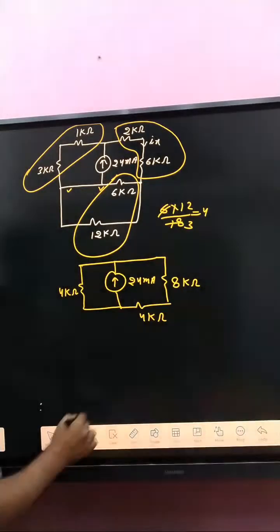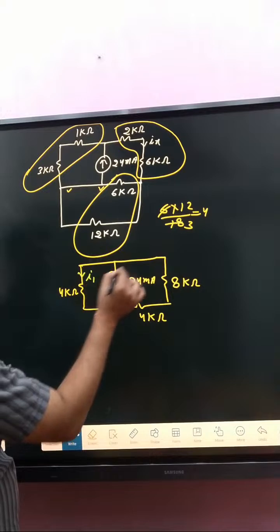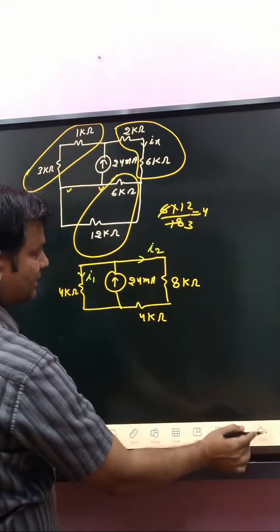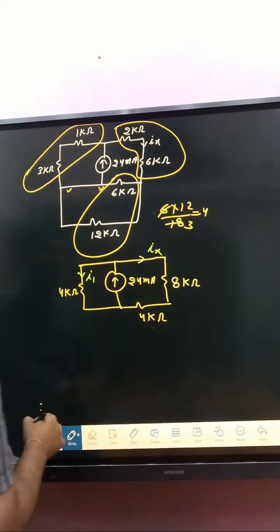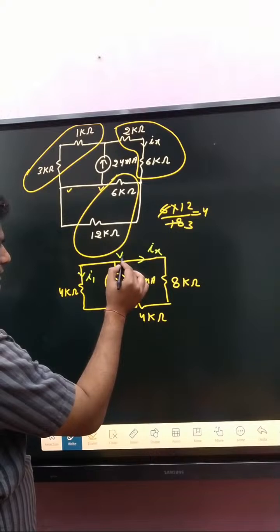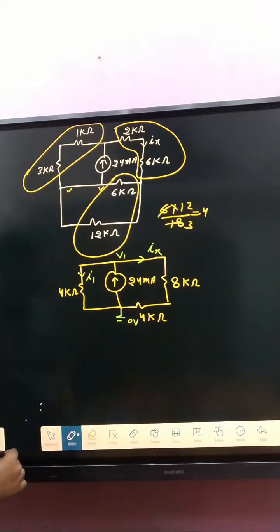After that, here I have considered I1 current and here Ix current. So this one is branch current. Suppose that is V1, and this one we take as the reference node.